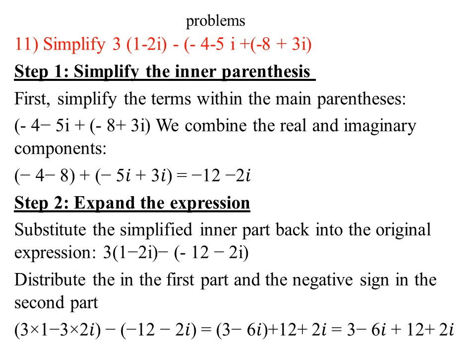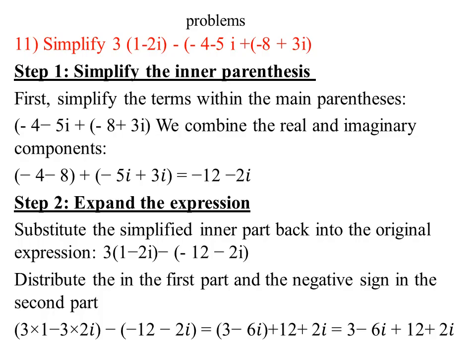Then in the second step we expand the expression. Here we substitute the simplified inner part back into the original expression, that is 3(1 - 2i) - (-12 - 2i).